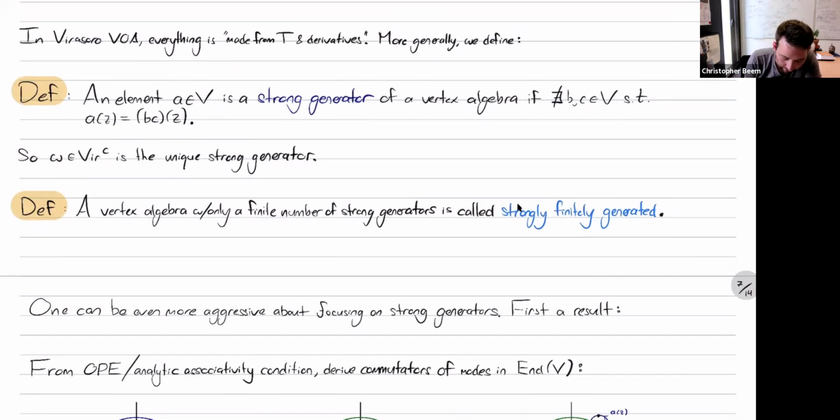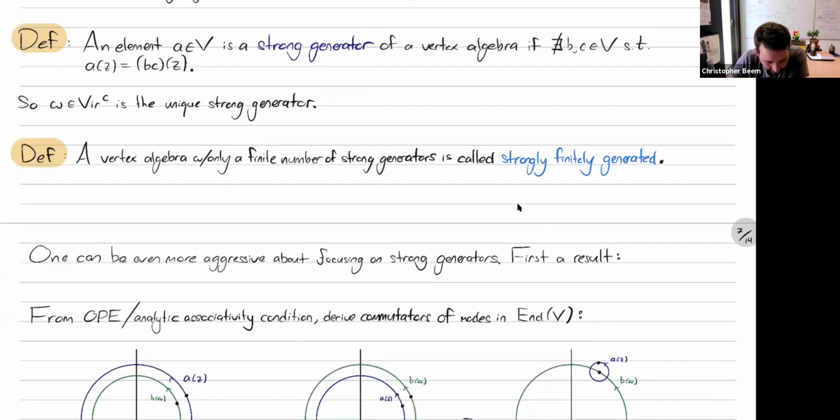We say that an element of a vertex algebra is a strong generator if you cannot write it as the normally ordered product of any other two elements of your vector space. So in this Virasoro example, the conformal vector was the unique homogeneous strong generator of the vector space.